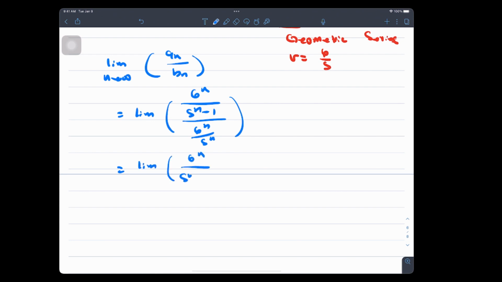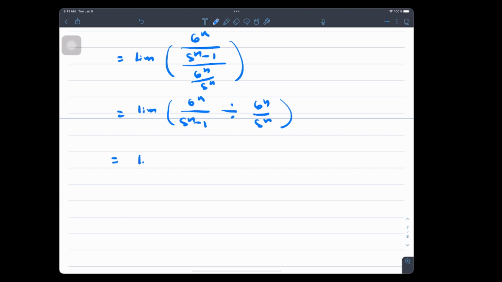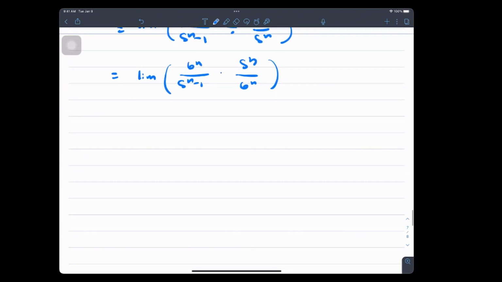And then you could cancel this, and you say this is the limit now 5 to the n over 5 to the n minus 1.